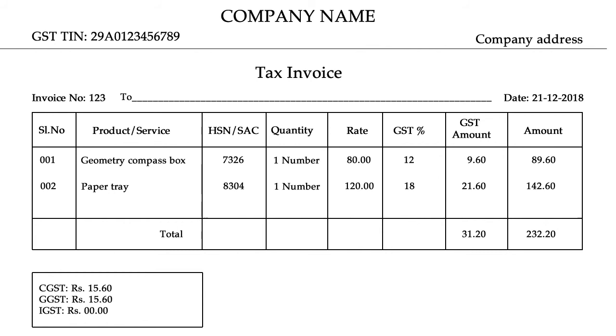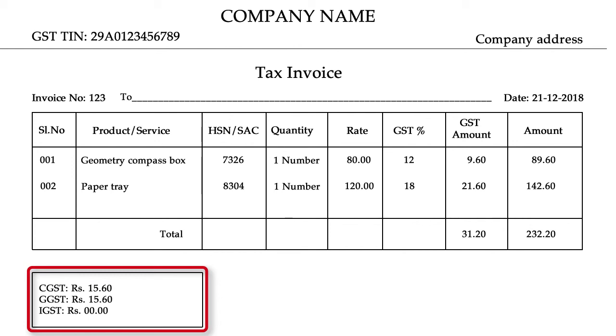At the end, you have to give the description of GST, like applicable GSTs. If the trading is happening within the state, you have to charge an equal percentage of CGST and SGST. You need to give the breakup of that.